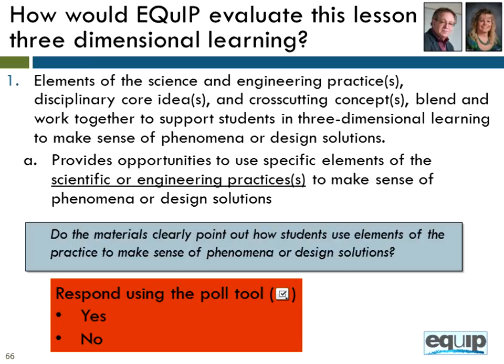We're going to start with that upper left quadrant, which talks about the three-dimensional learning. The very first part, A, is to ask ourselves a question about the science and engineering practices. Do we see in this lesson the opportunity to use aspects or elements of the science or engineering practices to make sense of the phenomena or to design solutions?